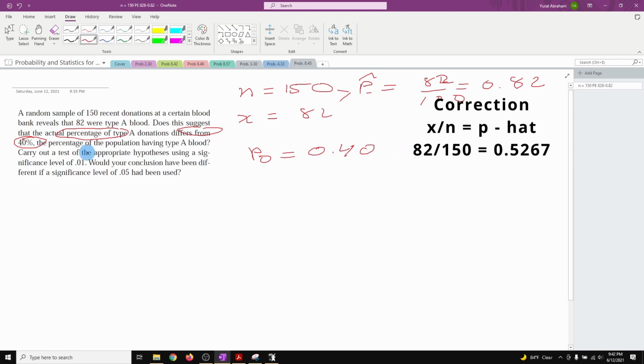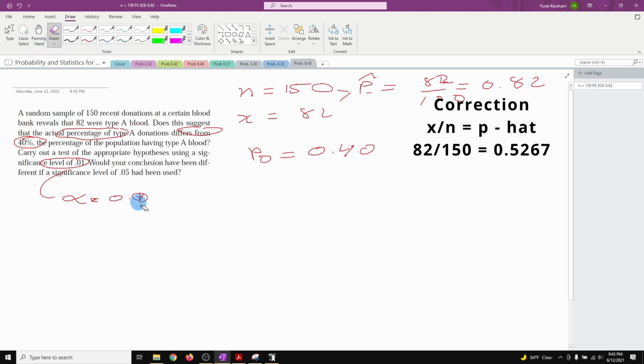And then let's see, carry out a test of the appropriate hypothesis using significance level of 0.01. And this is the symbol for your significance level.